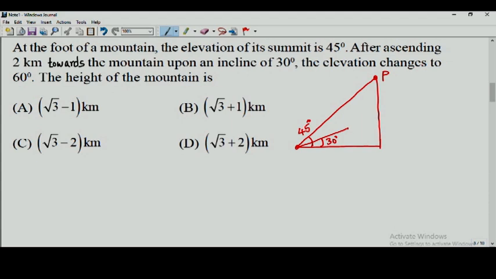So after reaching some point, the elevation of the summit point changes to 60 degrees.